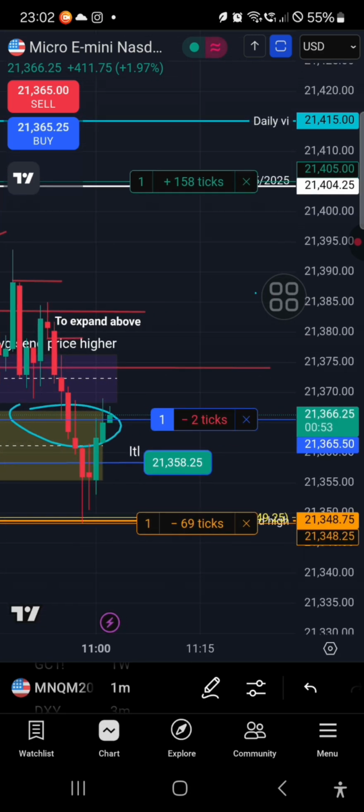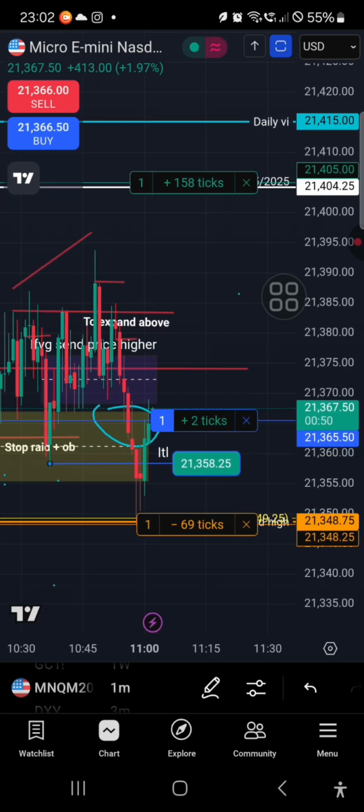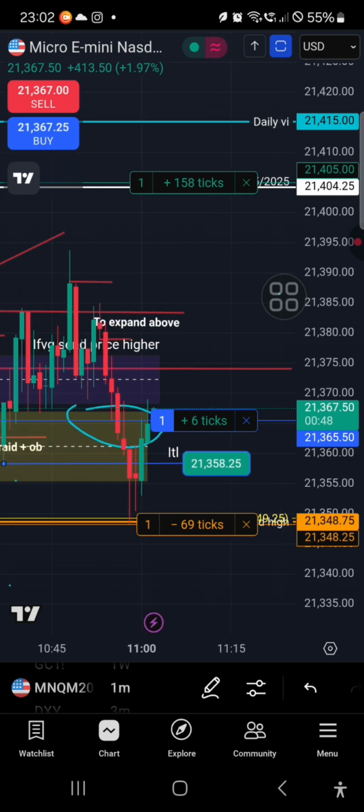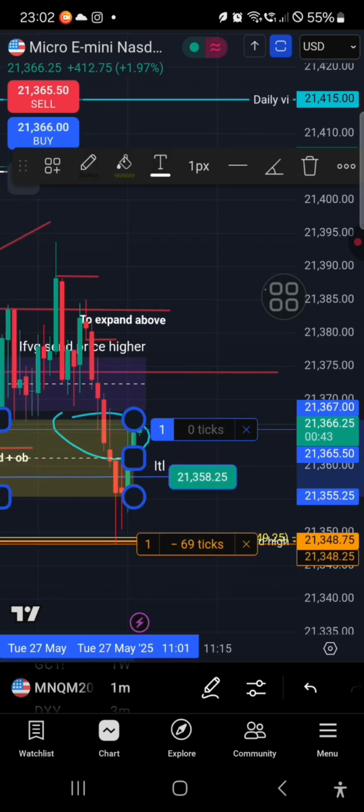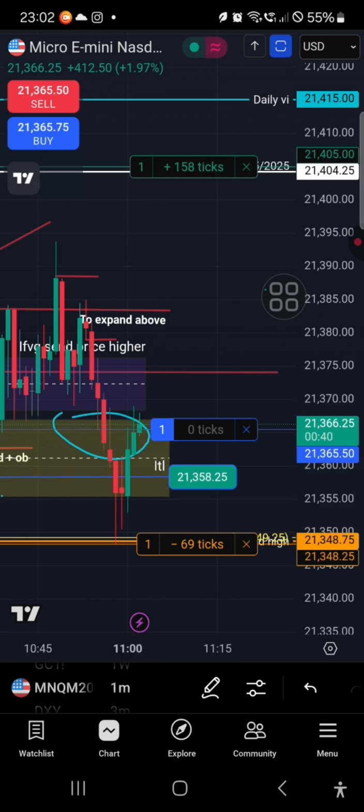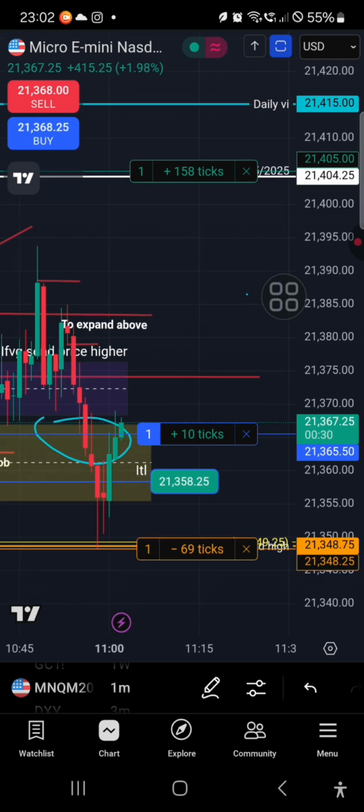Can we start expanding higher? Okay, now it's clearer to me that stop rate is being done. Now, to expand higher and send price higher. It held the bodies. That's what changed my mind. Yeah, but I want to see speed moving up now.